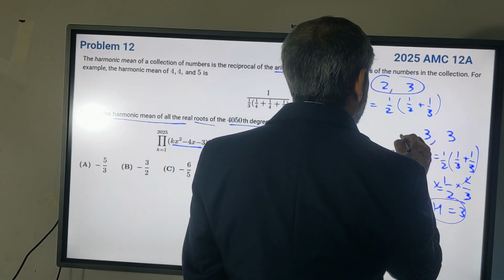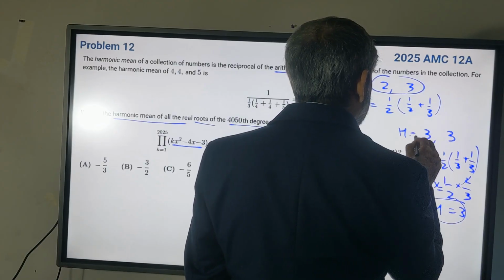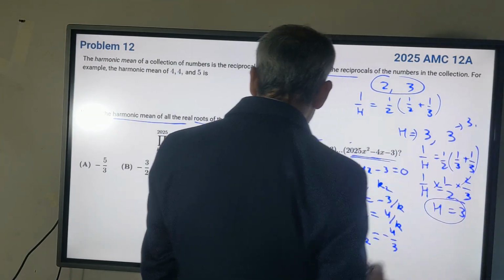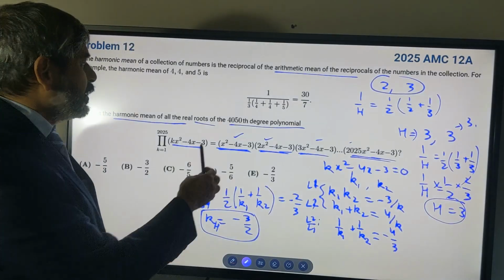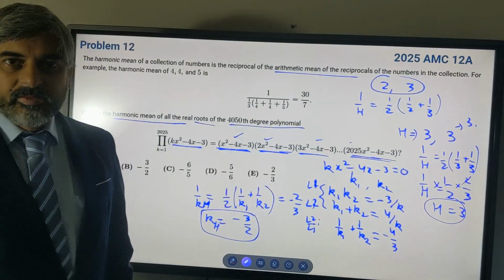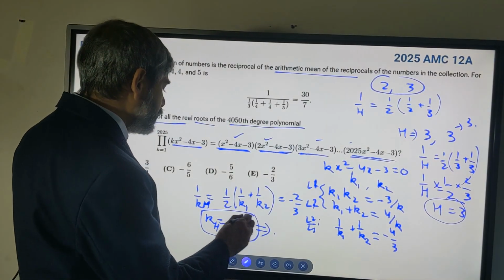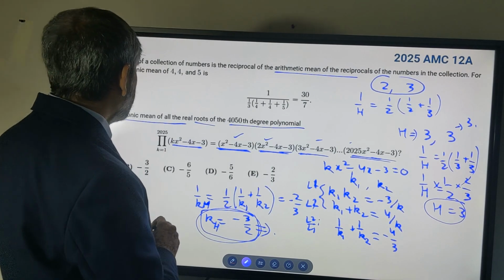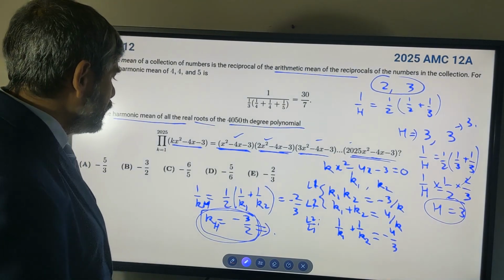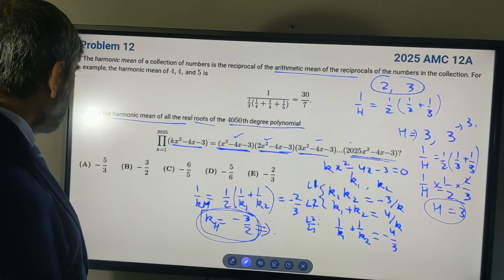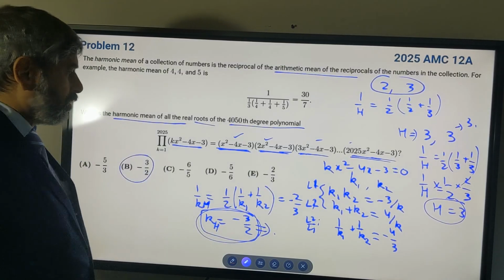So the harmonic mean of these two numbers is going to be 3, and therefore the harmonic mean of all those numbers that we take up is also going to be minus 3 by 2, and therefore our answer is going to be minus 3 by 2 or B.